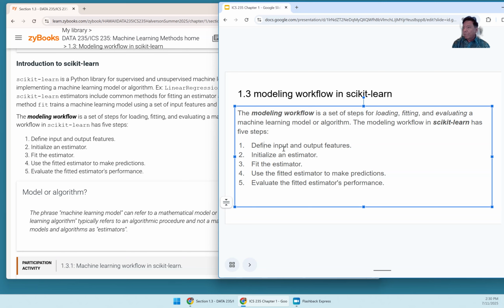So first, you define the inputs and the outputs, and then you initialize the estimator. That's actually choosing the estimator in scikit-learn to do the machine learning that you're going to do.